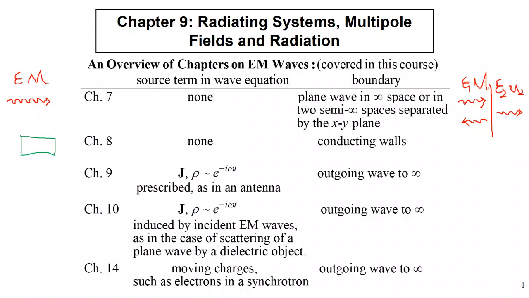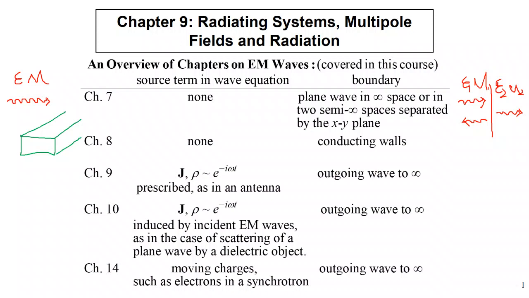Here, let me show you a rectangular waveguide, infinitely long. We do not consider the source term, just the wave only. The wave will propagate inside, and the boundary is confined with conducting material. So just like waveguides and cavities.